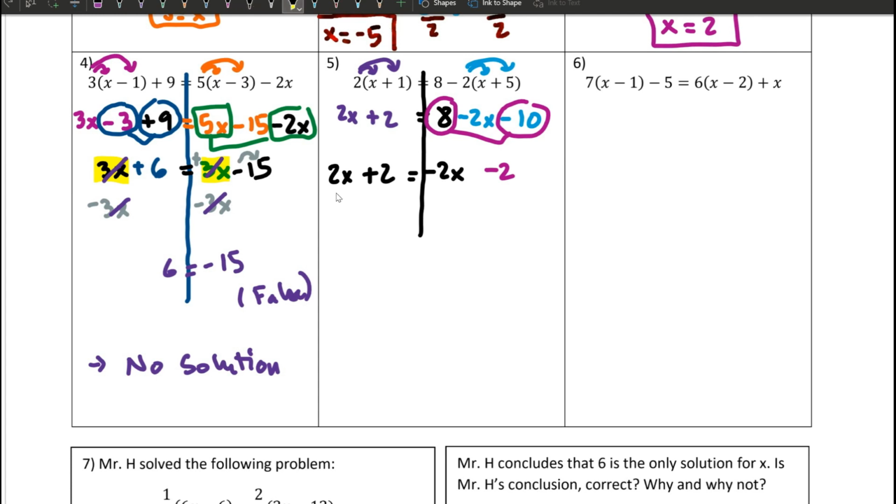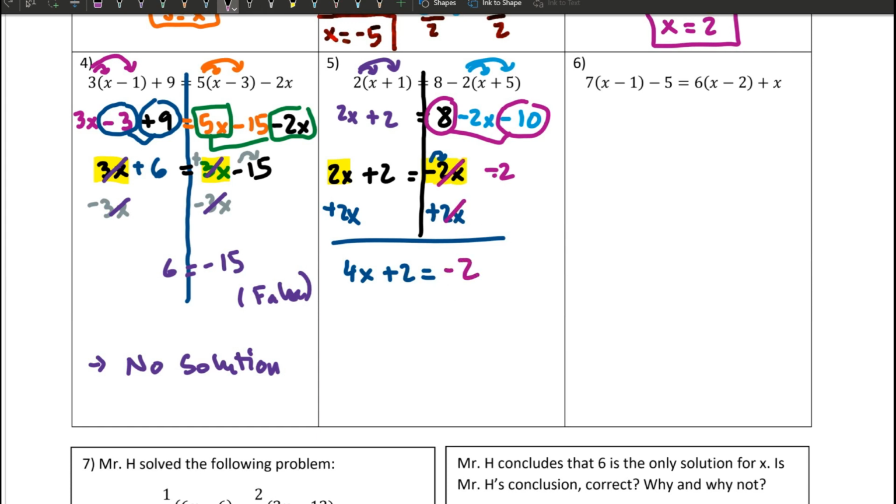So continue solving for x. You have variable on both sides. What do we have to do? We will add 2x to both sides. Because 2x this time is negative, you're going to add 2x to both sides. That will give us 4x plus 2 equal to negative 2x plus 2x, which cancel each other out.